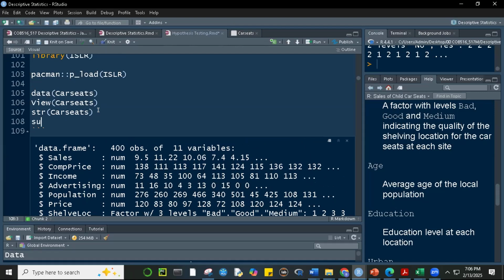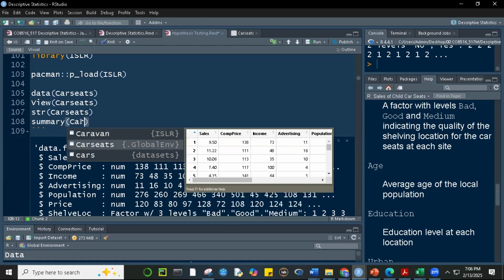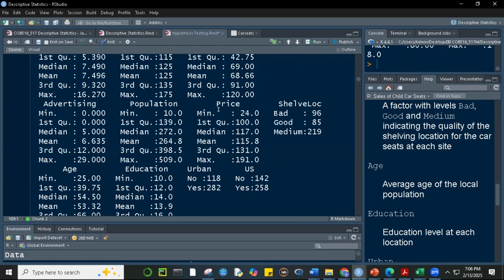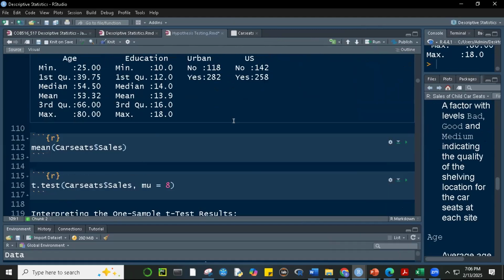You can also learn more about the data by getting the summary of car seats. If I type car, capital CAR, it gives us a choice whether it's caravan or car seats. So what do we get from the summary function in R?